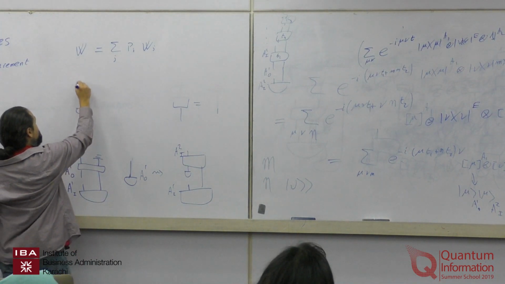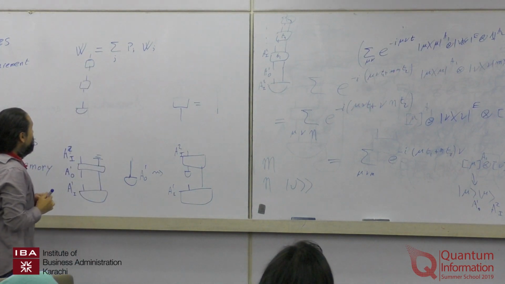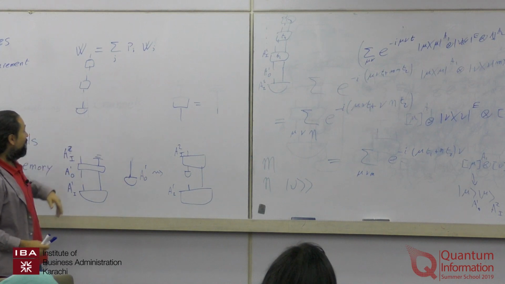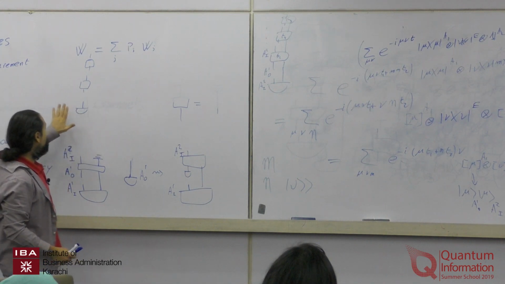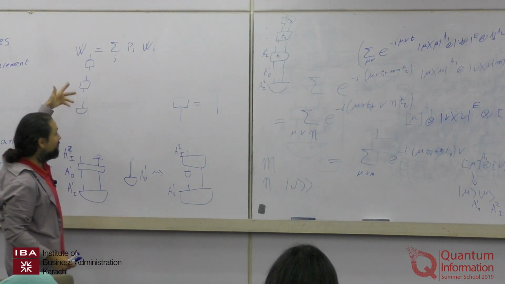So each of these process matrices has this form. Physically, this represents a probabilistic mixture where with some probability you have a certain type of transformation, and with some probability you have some other transformation.